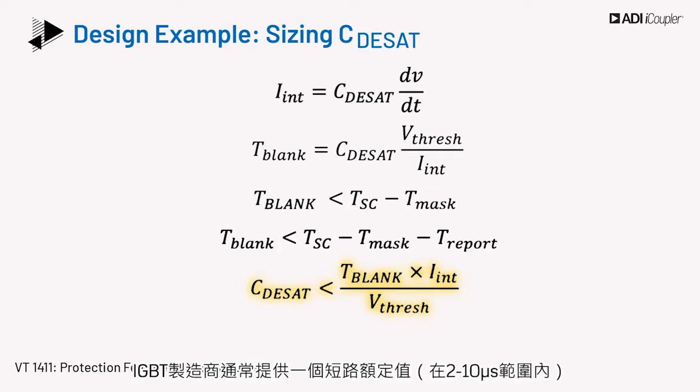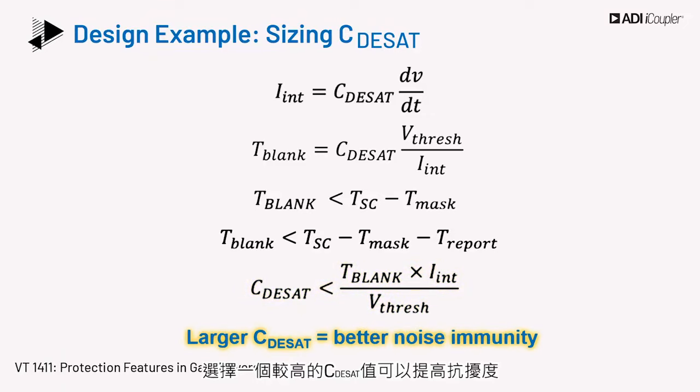IGBT manufacturers often have a short-circuit rating in the 2 to 10 microsecond range, and thus CDSAT is chosen to provide T-blank accordingly. Choosing a higher value of CDSAT improves noise immunity, and thus we can choose a larger capacitor while adding an external pull-up resistor for increasing the capacitor charging current and still be within spec for the blanking time.